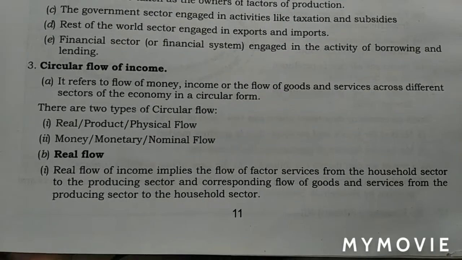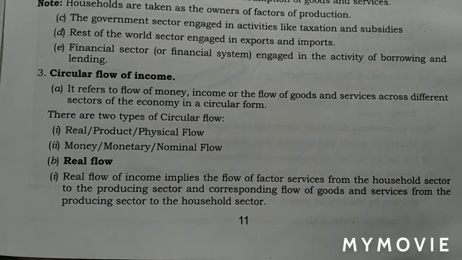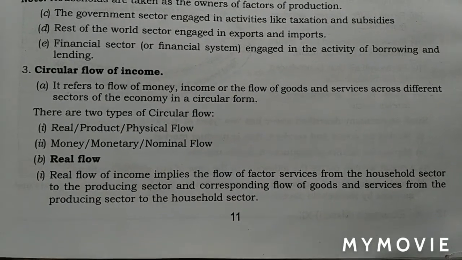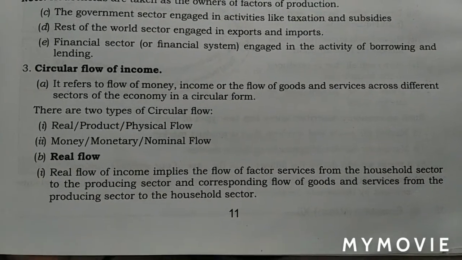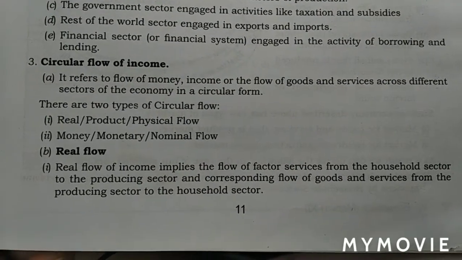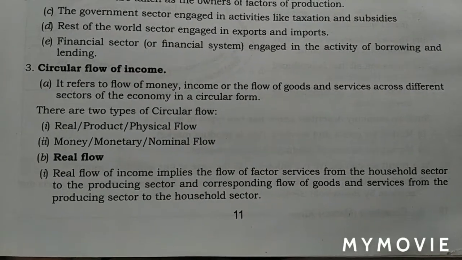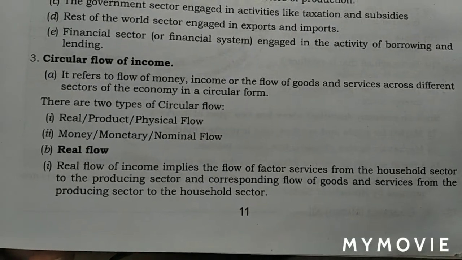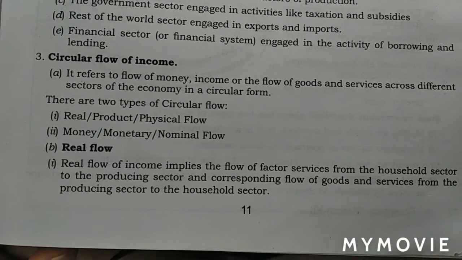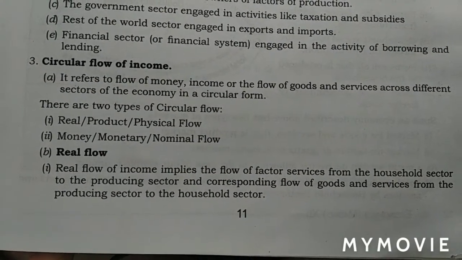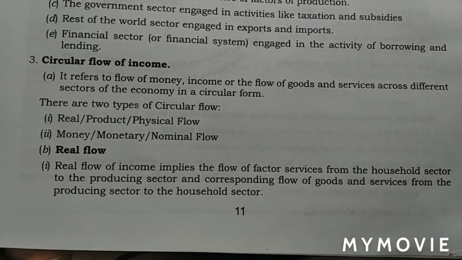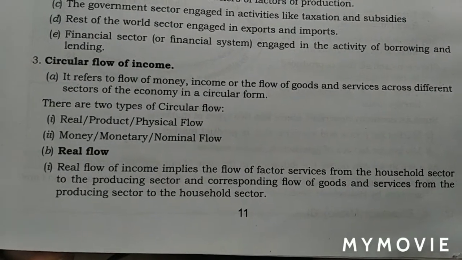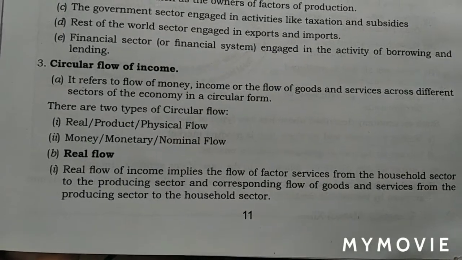One is real flow and another one is money flow. Real flow we also call product flow or physical flow. Money flow we call monetary flow or nominal flow or flow of liquidity. Real flow refers to the flow of factor services from household to firm and the corresponding flow of goods and services from firms to household.